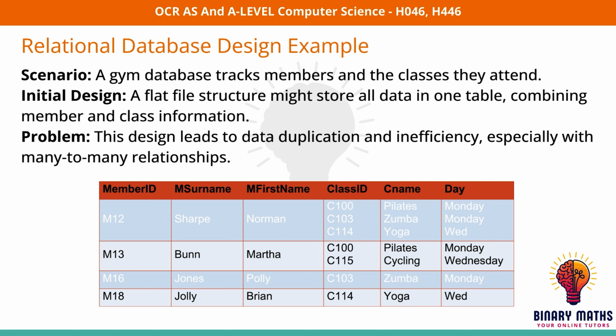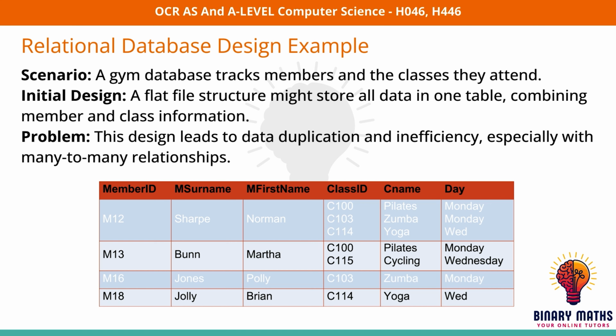Let's look at an example. Imagine we're designing a database for a gym. The database needs to store information about gym members and the classes they attend. A first attempt at designing this database might use a flat file structure where all the data is stored in one big table.